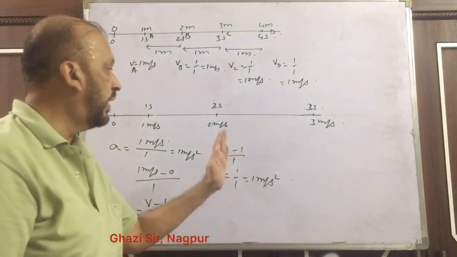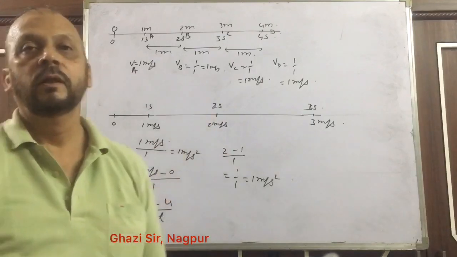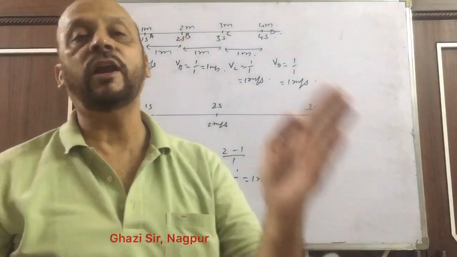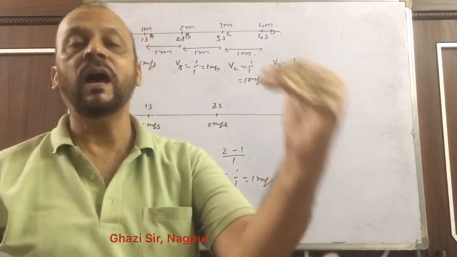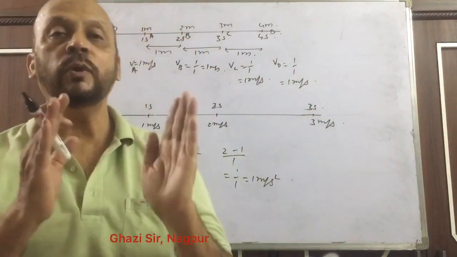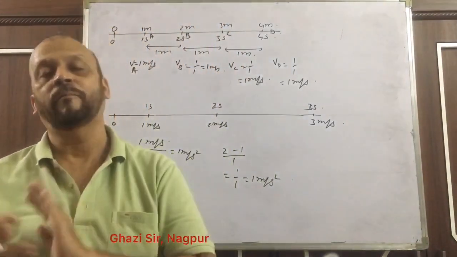So this acceleration is 1 meter per second square at this point as well as at this point. That means after every 1 second the speed is increasing at a rate of 1 meter per second. So 1 meter per second upon 1 second is called 1 meter per second square. So the unit of acceleration would be meter per second square.